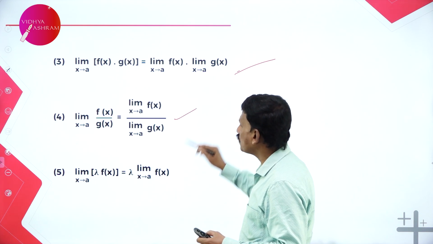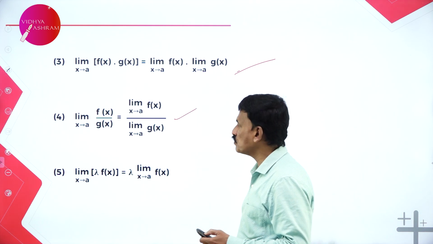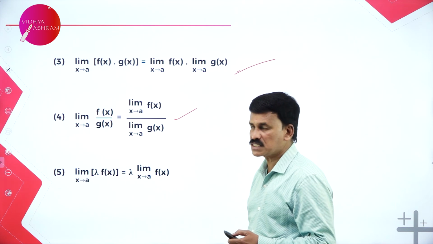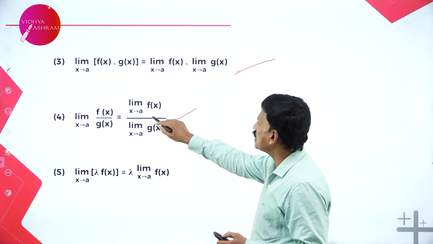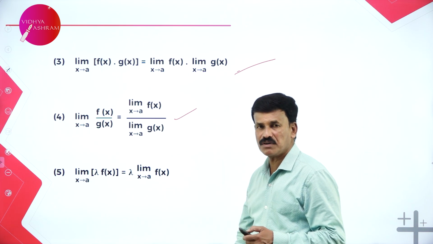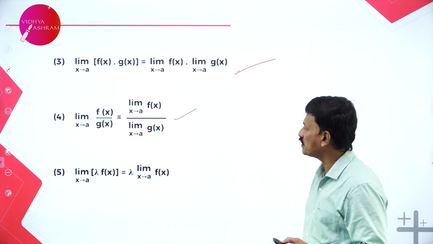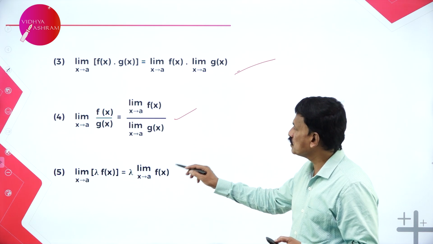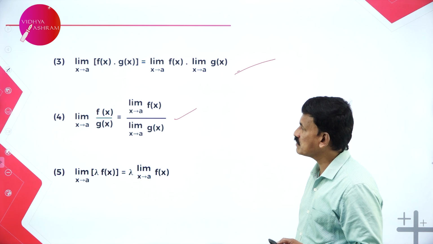Then if it is of the form numerator by denominator, a quotient function, limit as x tends to a of f of x divided by g of x is equal to limit as x tends to a of f of x divided by limit as x tends to a of g of x, provided g of x is not equal to 0. If it is equal to 0, you will get an infinite value.